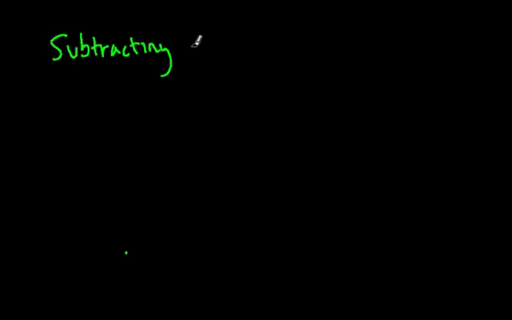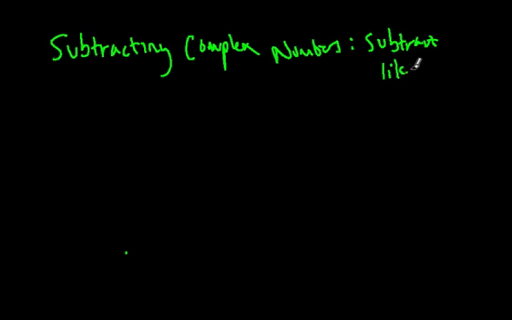If we're subtracting complex numbers, we just subtract like parts. Let me look at an example here, maybe with a negative.